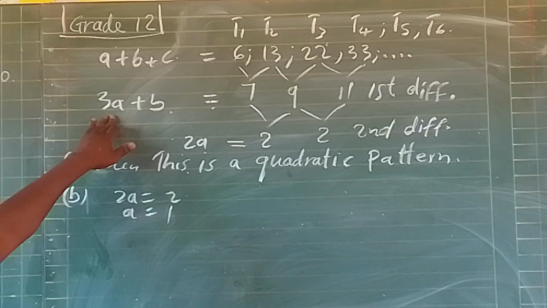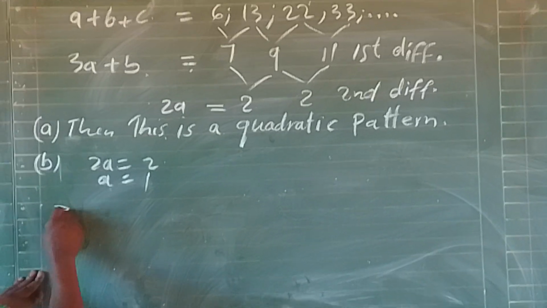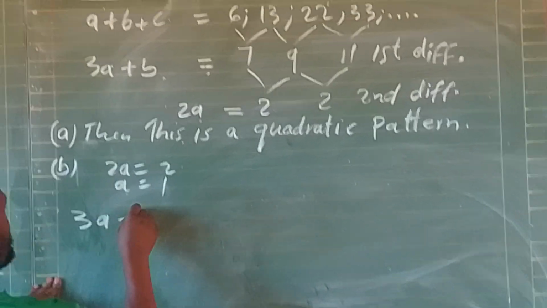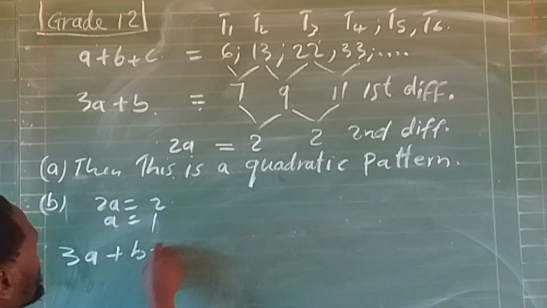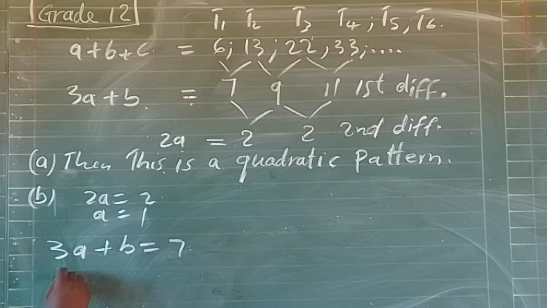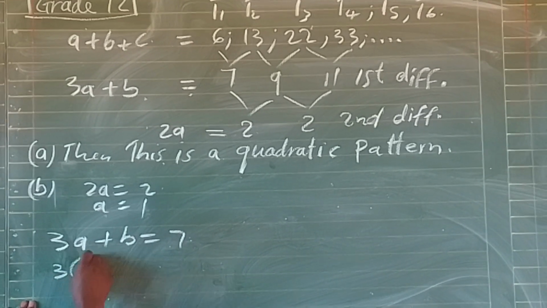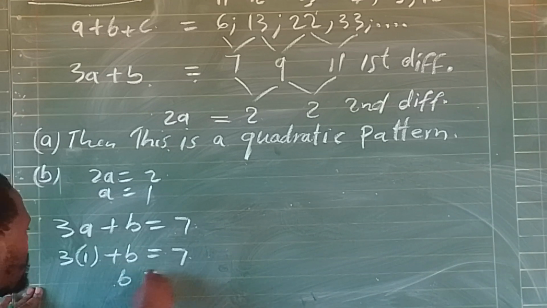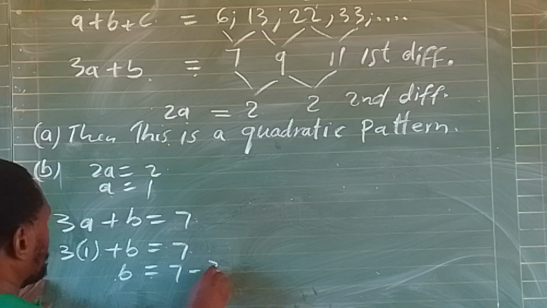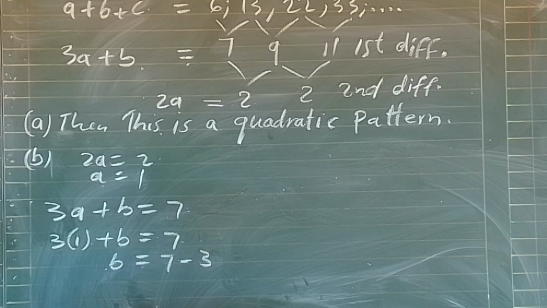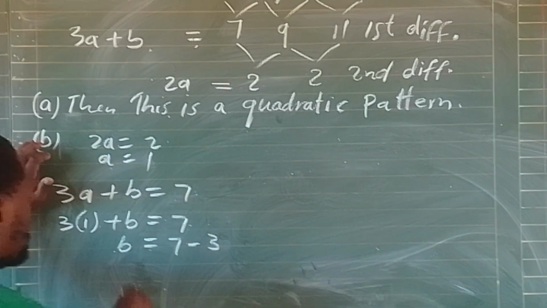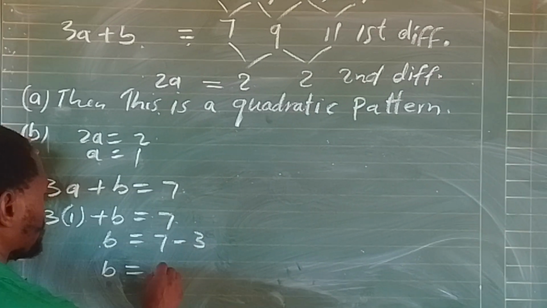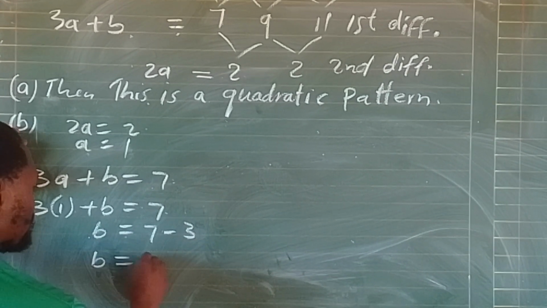Right? We find b, 3a plus b is equals to 7, then 3 times 1 plus b is equals to 7, b is equals to 7 minus 3, we take that 3 from the left hand side to right hand side, then b is equals to 7 minus 3, it's 4.